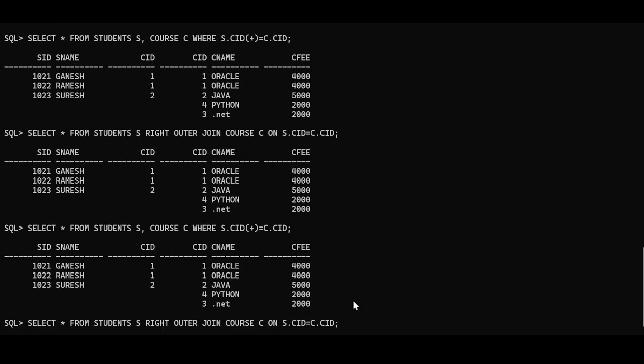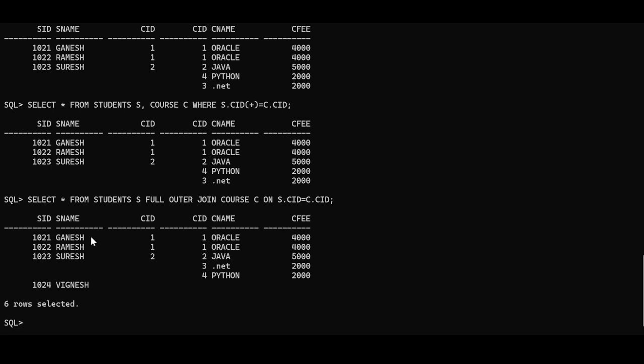Okay. If I use full outer join instead of right outer join, now the matching records as well as unmatching records of both the tables will come into the picture. For the student table, matching records and unmatching records are joined, right?